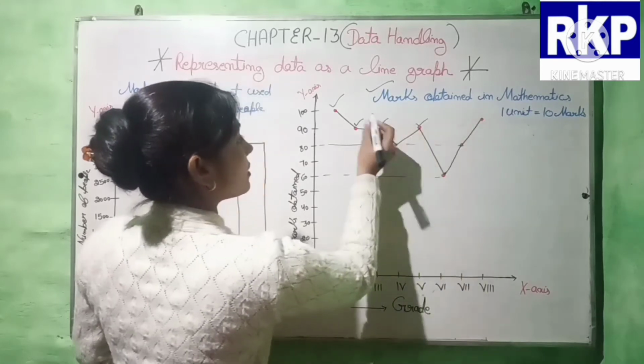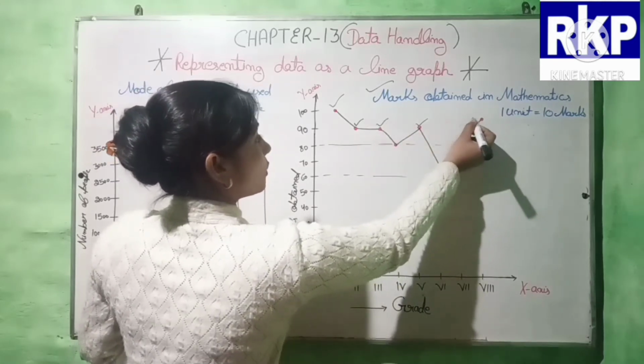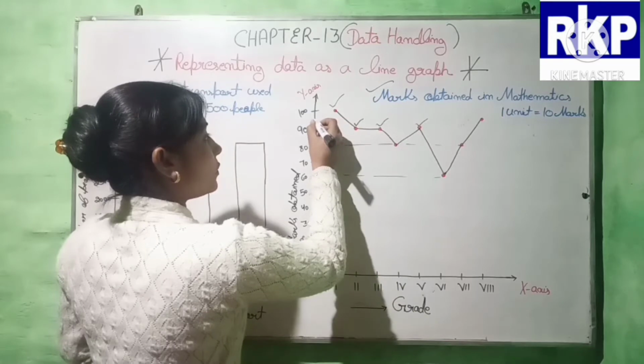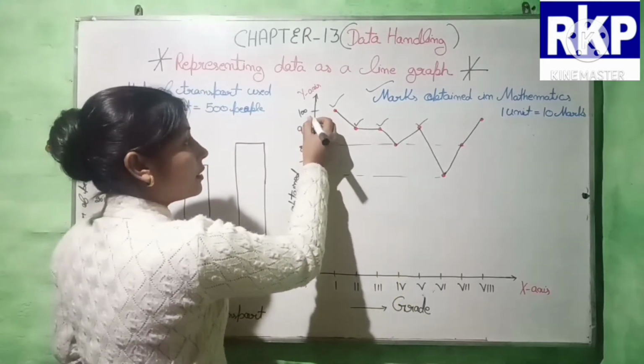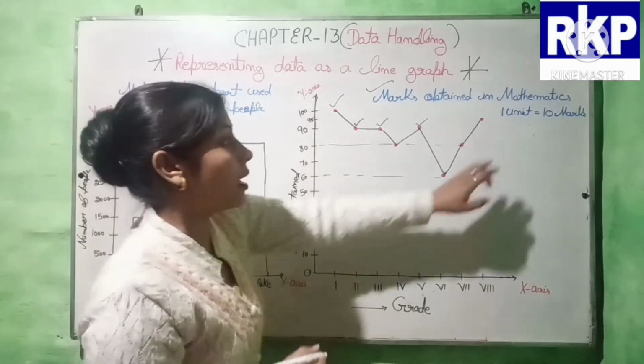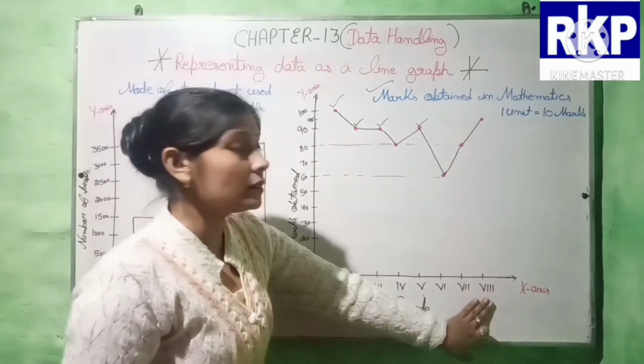Yes, here you can see this dot is between 90 and 100. It means 95 marks are obtained in 8th grade.